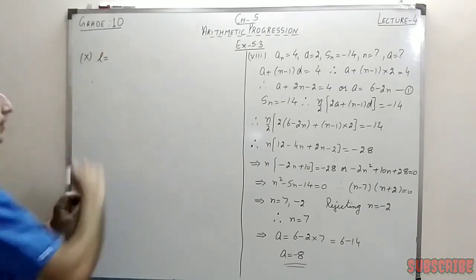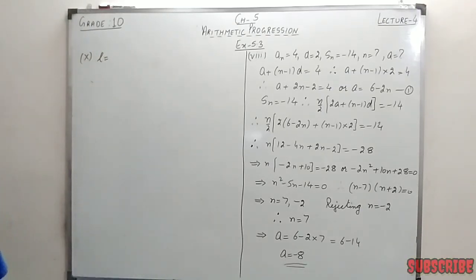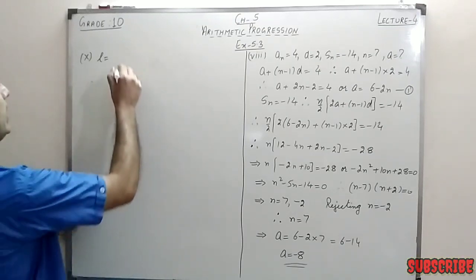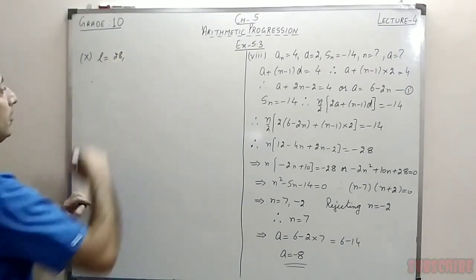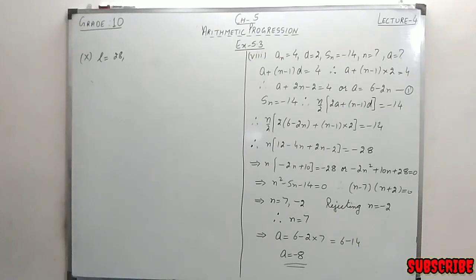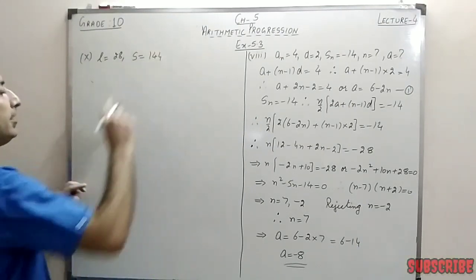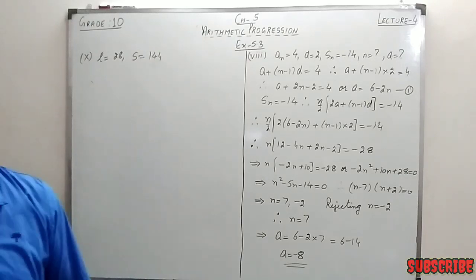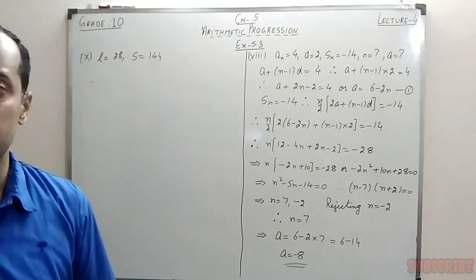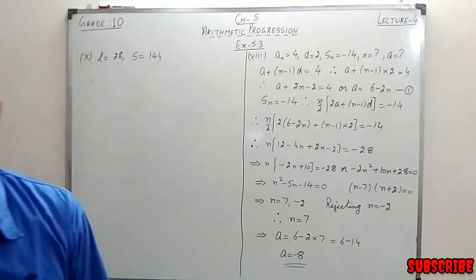L is, obviously L means here the last term, that is the nth term, right? And what is given, that the sum of the n terms is 144. Now n is not written here, but it is understandable that L means nth term and S means sum of the n terms of the AP.